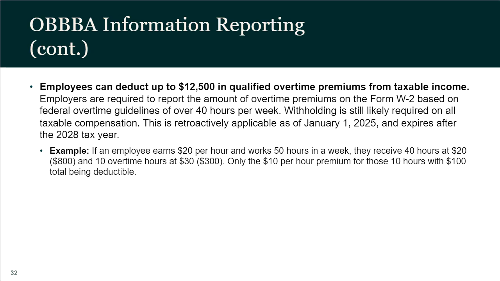So it's only the $10 per hour premium for the 10 hours which is going to be deductible to them. So it's basically the amount of the overtime premium that is going to be deductible to them. I know as you are all doing the calculations, you may have some questions. Please reach out to us or to your payroll providers, especially in year one, because not everything has been set yet.